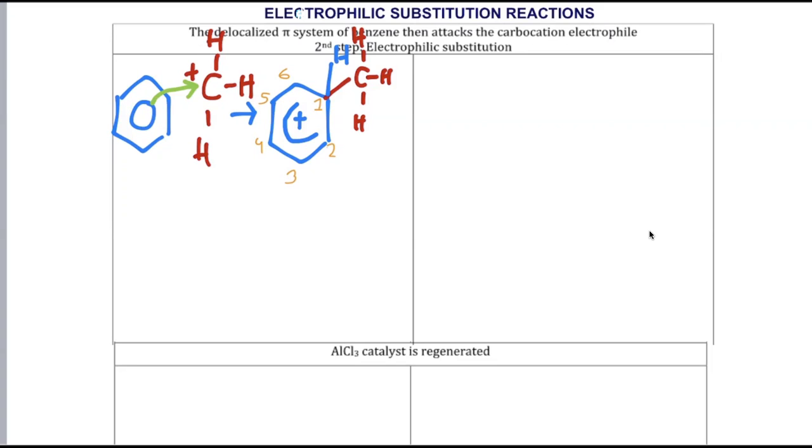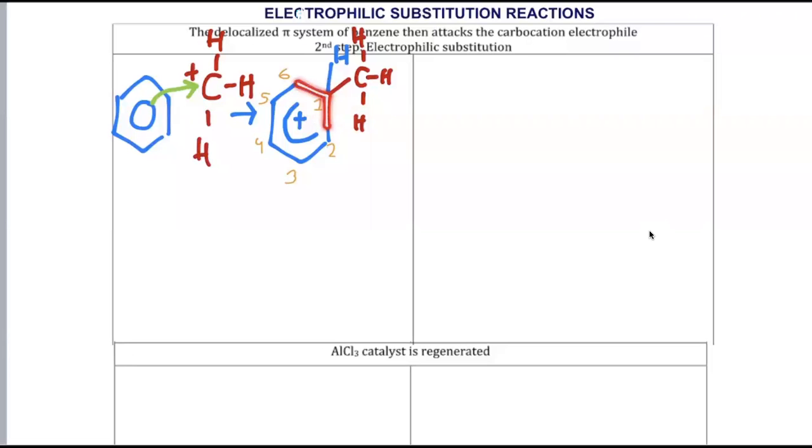A few things that you need to remember about this intermediate is that carbon 2, 3, 4, 5, and 6 are all sp2. That means the bond angle is 120. Carbon 1 is the only carbon that is sp3 hybridized, and the bond angle is 109.5. Why?